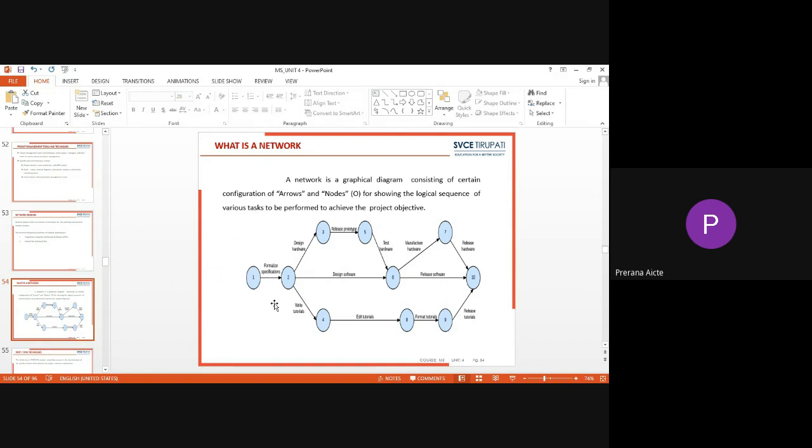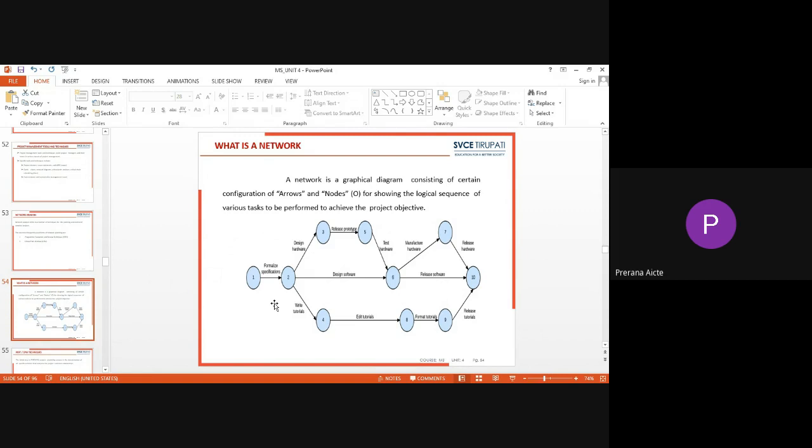The Fulkerson rules say that each and every activity should be represented only once in the complete project. That means every activity represented in the project should appear only once and should not be repeated anywhere else. That is one of the most important rules.